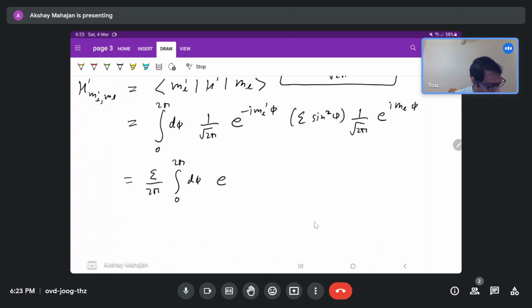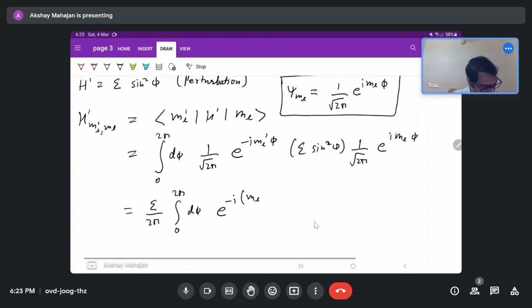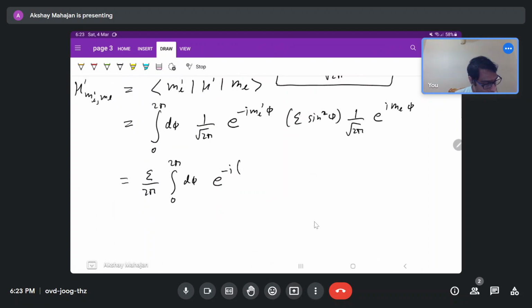First let us bring these ml terms together. So let me write it as e to the power minus i, taking common, ml prime minus ml, times phi.